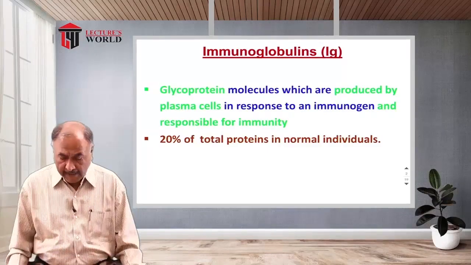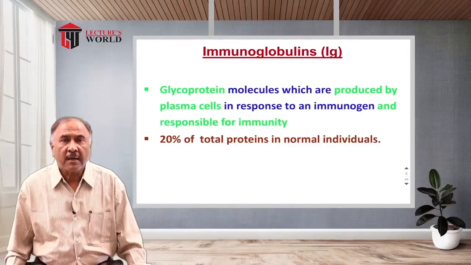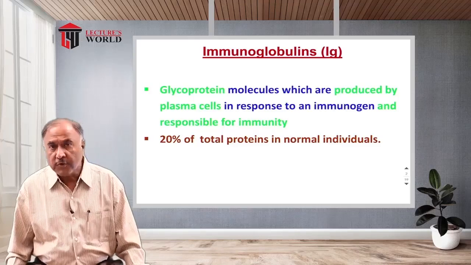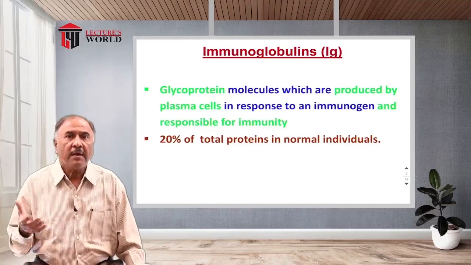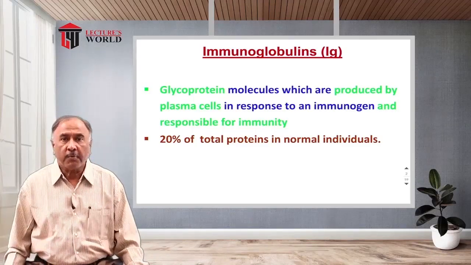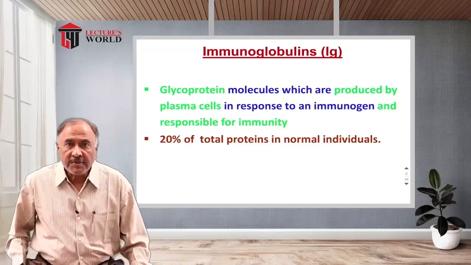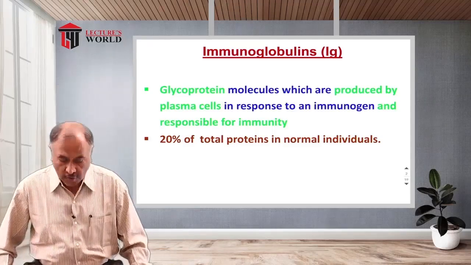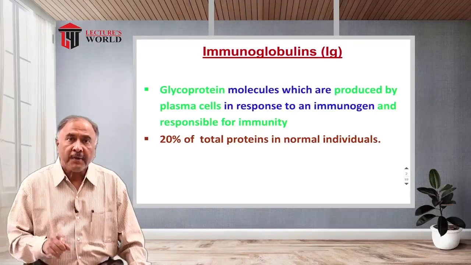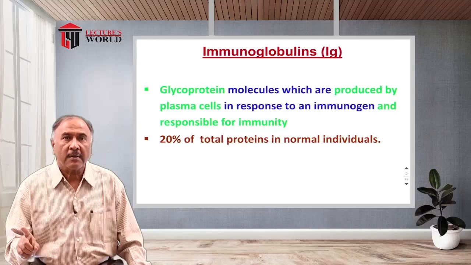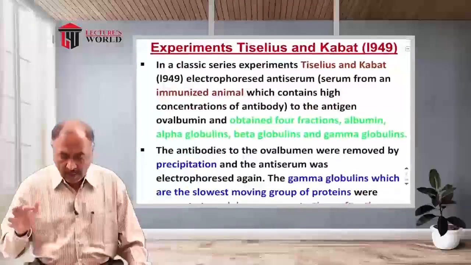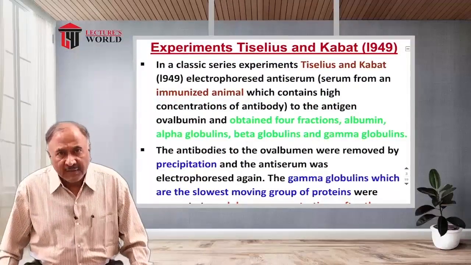And it constitutes almost 20% of total proteins in a healthy individual. And therefore, you can say it is not a small amount. It is a substantial chunk, that is 20% of the total proteins in a normal individual, consisting of immunoglobulins.